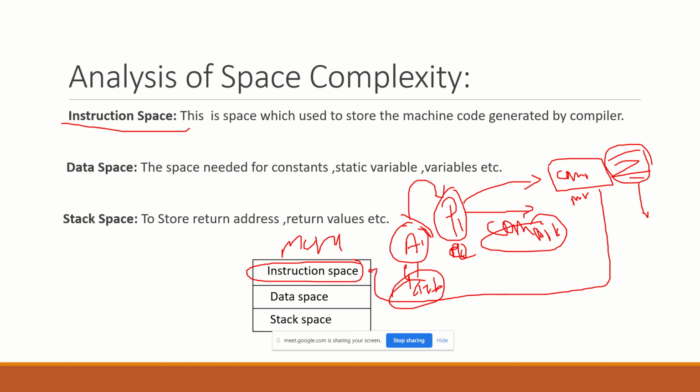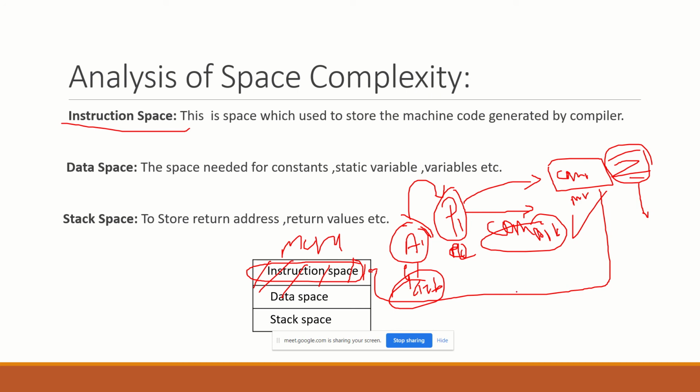To store that generated code, I have a space in the memory, that is the instruction space. If I consider this as memory, this space is used to store the compiled code.